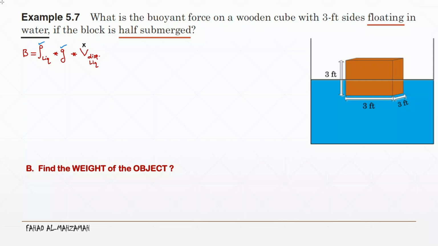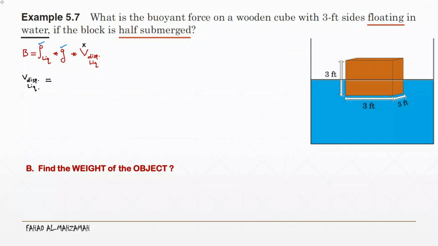So he said that the block is half submerged. So we can understand that the volume of displaced liquid is equal to the immersed part of the object. هو حجم الجزء المغمور من الجسم.